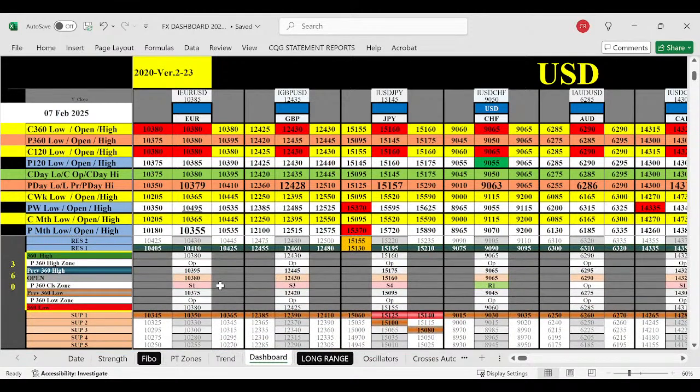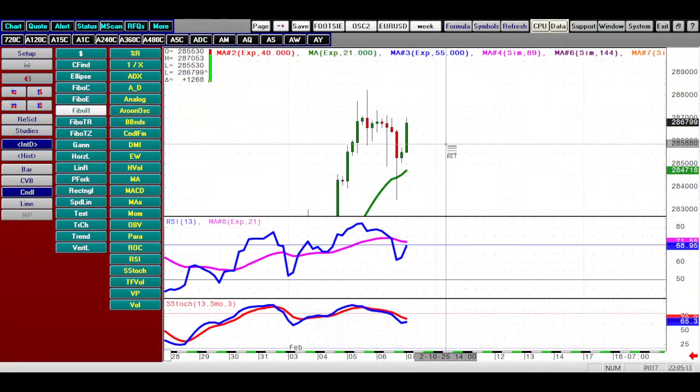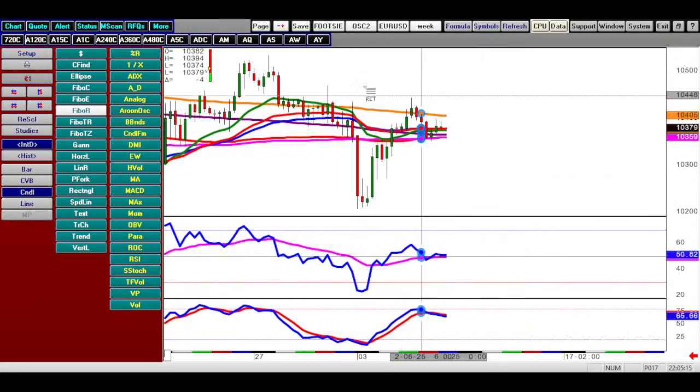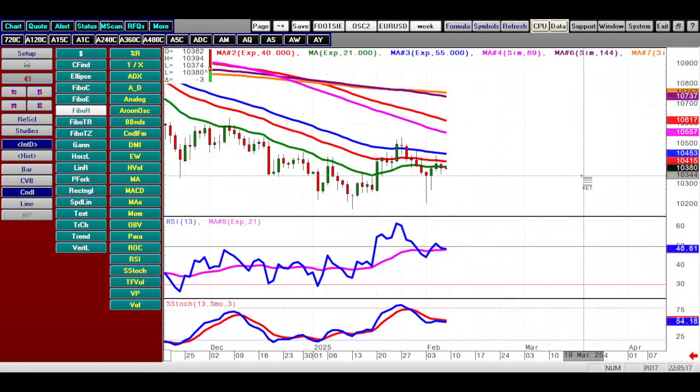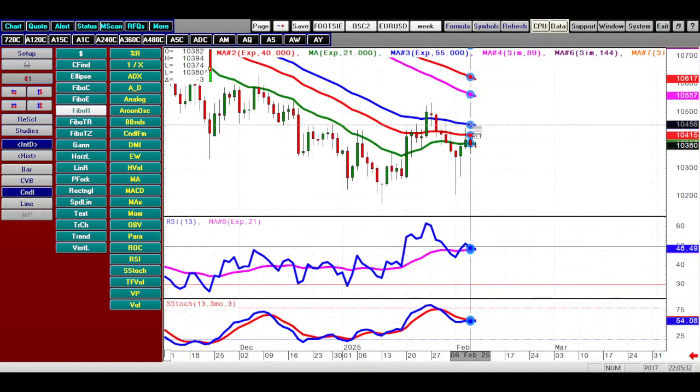That is what the system is saying. Now let's see what the chart is giving us. When we look into the chart, as we said, on the daily we may have seen the low, because we are seeing higher lows with the hammer, and the market is just looking for some more news to break out higher. So eventually we should see this price testing 105.35, and if it breaks, then we can see higher.